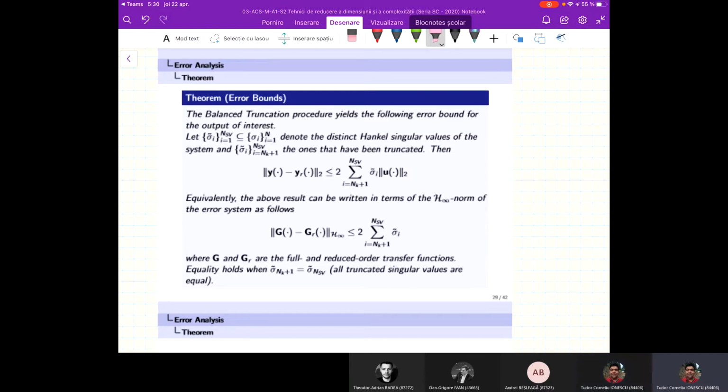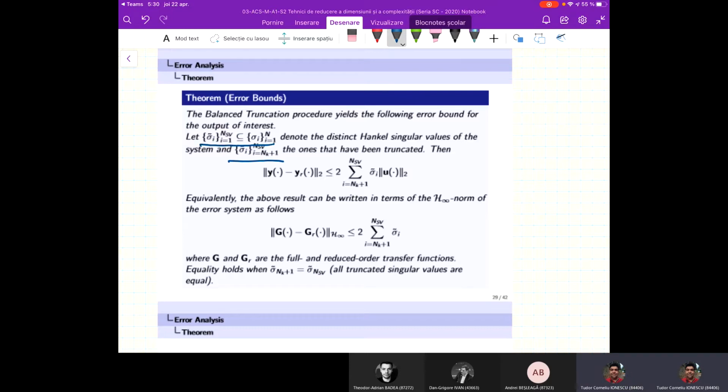So the balanced truncation procedure has the following error bound of the output of interest. Consider sigma i, the distinct Hankel singular values. These are the values that we keep. This is the dynamics that we keep, and this is the dynamics that we truncate.